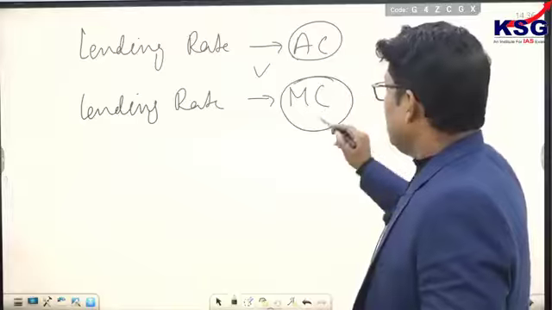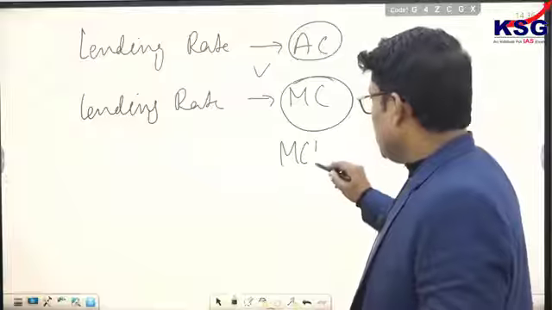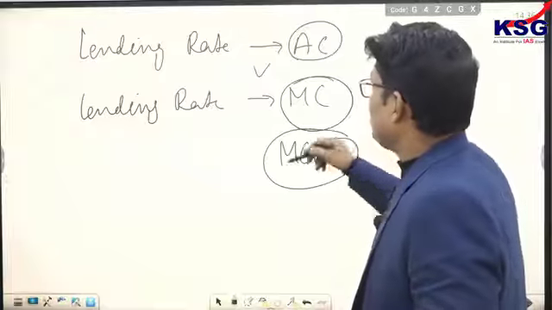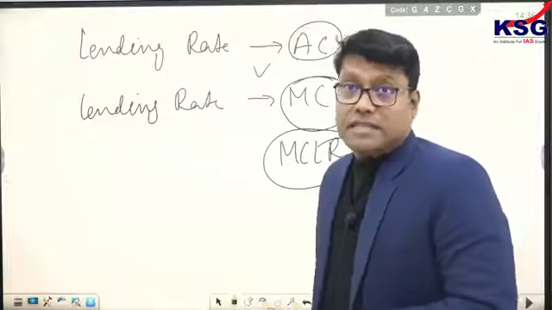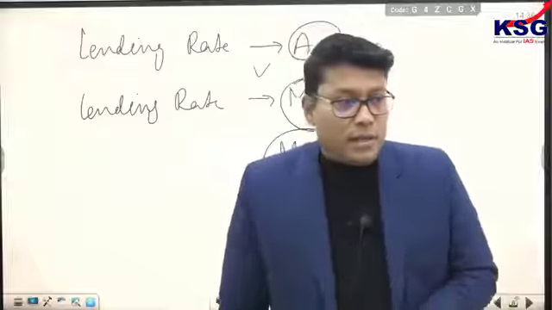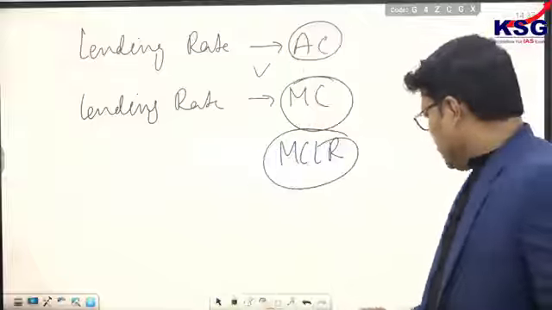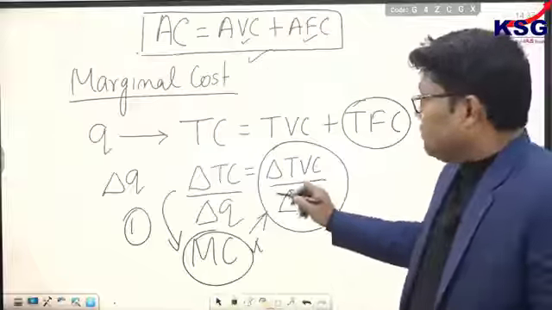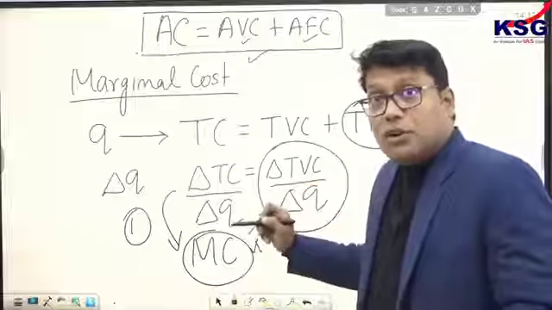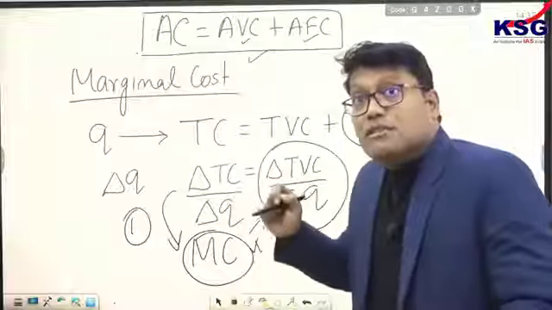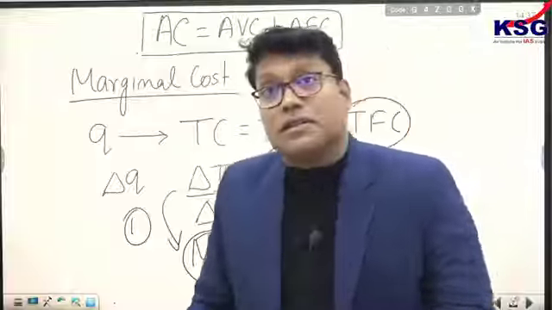So that is the reason the MCLR system becomes more effective compared to the base rate system. Because just as you have seen, it includes only variable cost, and in variable cost, the major cost is the fund cost.